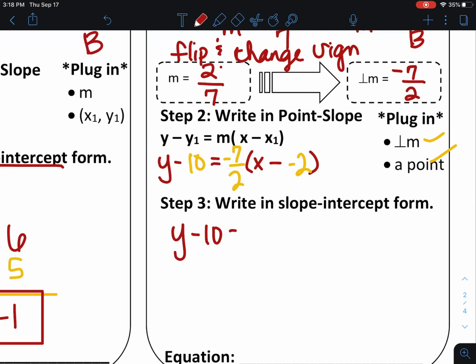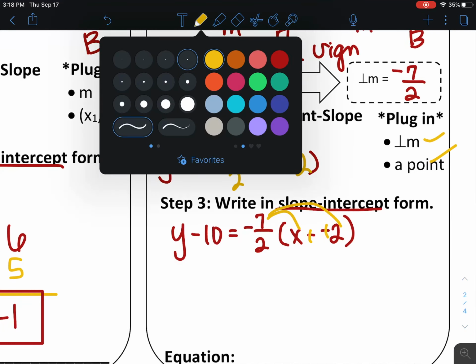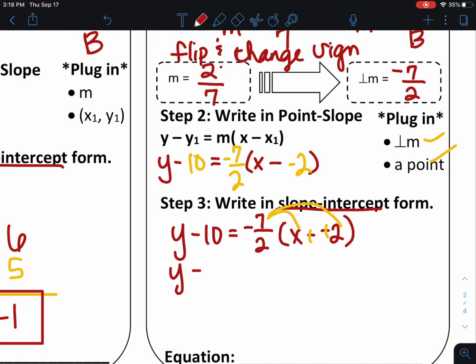Now I'm going to rewrite, and then I need to change it to slope intercept form. So y equals mx plus b form. Again, slope intercept form. First things first, get rid of that double negative. Boom, boom. And then we're going to distribute. So the next step will read y minus 10 equals negative 7 over 2x minus 7, I believe.